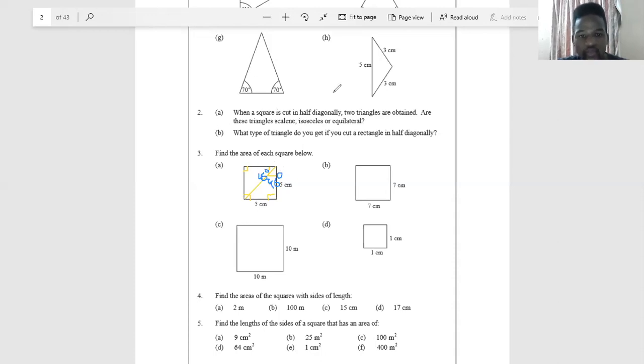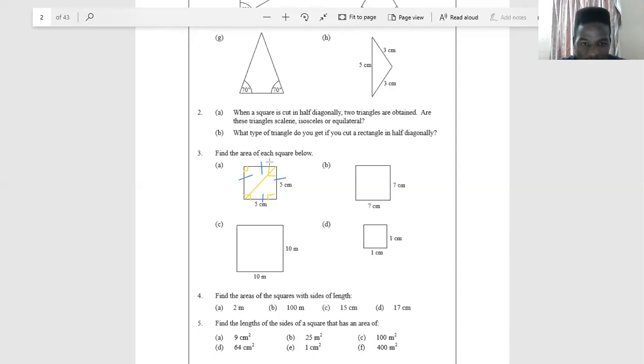So when they are asking you if this is an isosceles triangle or not, how then do we come about to answer that question? It's very, very easy, guys. Remember we said all the sides of the square are equal.